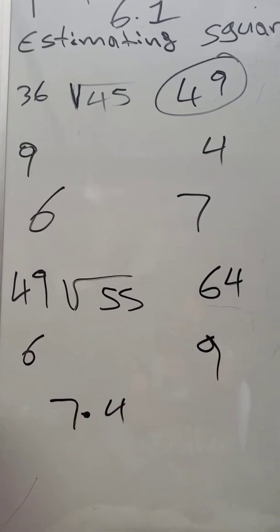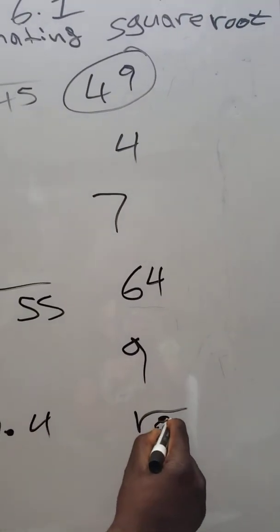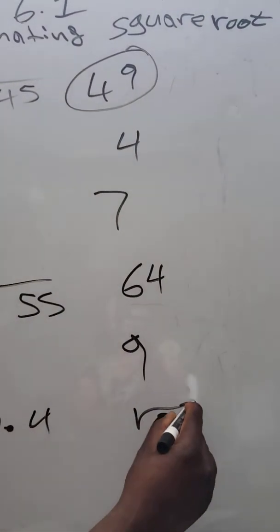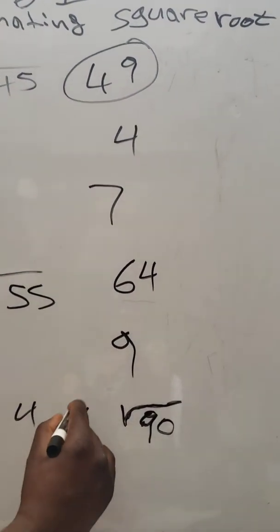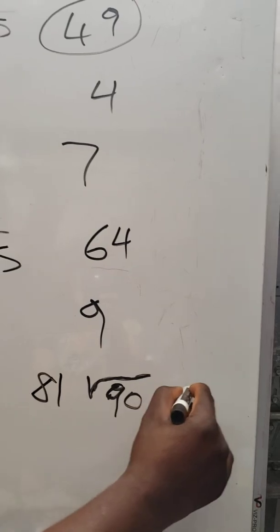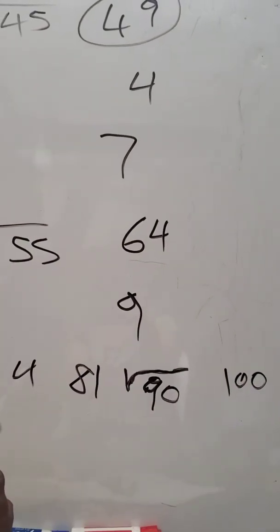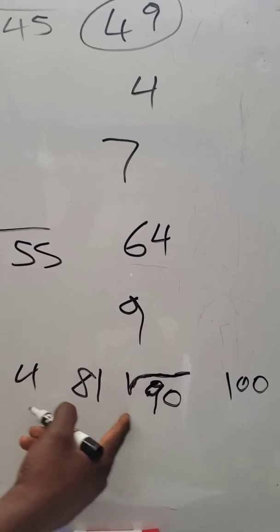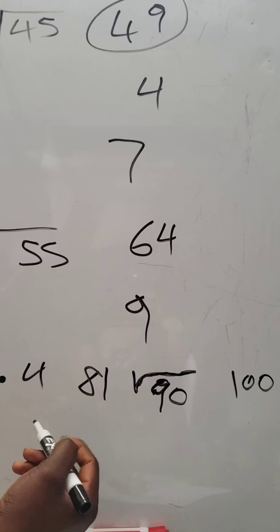Same thing if you had the square root of 90 and wanted to estimate that. That would be between 81 and 100. From 81 to 90 is 9 spaces. From 90 to 100, that's 10.